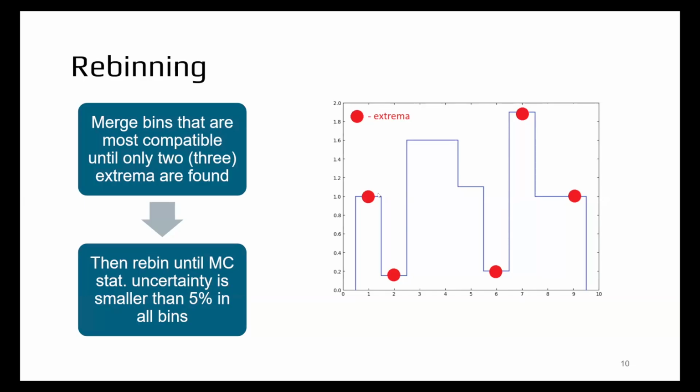So in the algorithm, the left bin and right bin are always extrema. In the result, monotonic will delete all these extrema, and parabolic keeps only one between the left and right bins.